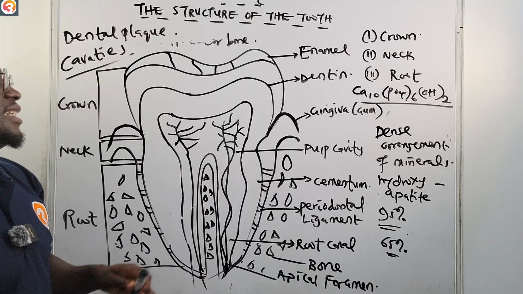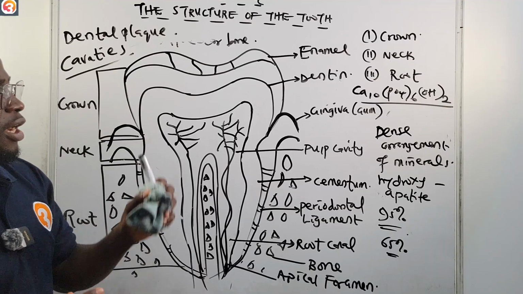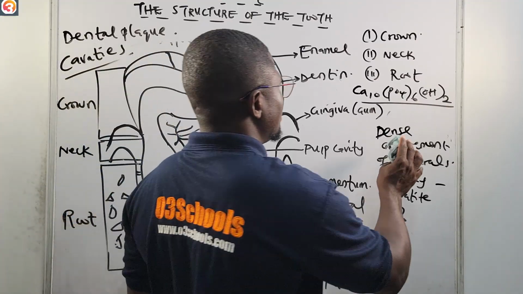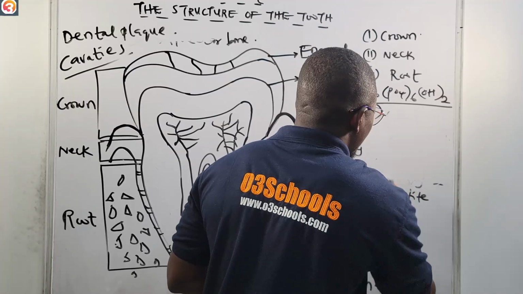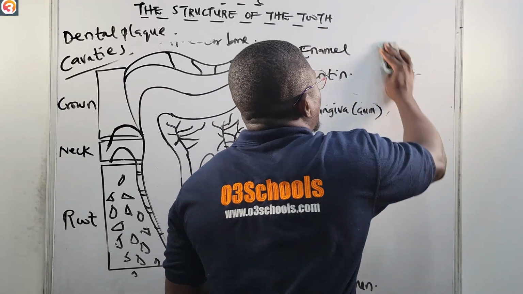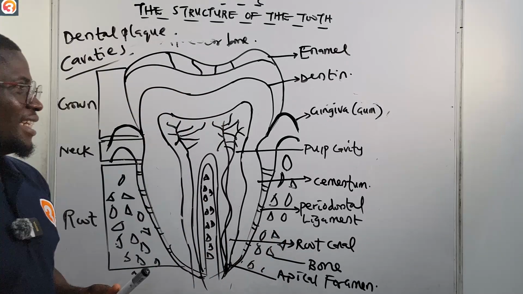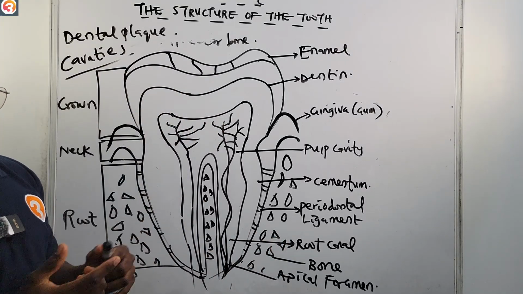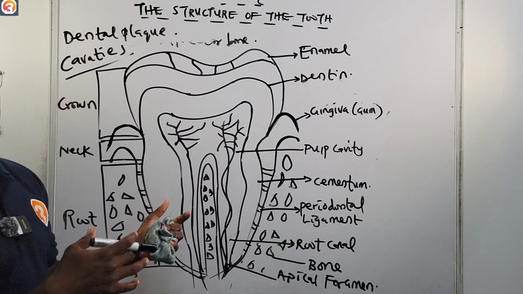Now let us talk about the next one, which is the cementum. The cementum covers the tooth root.